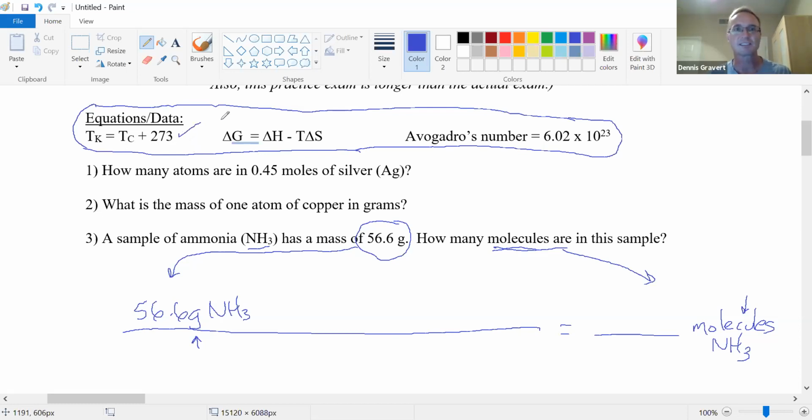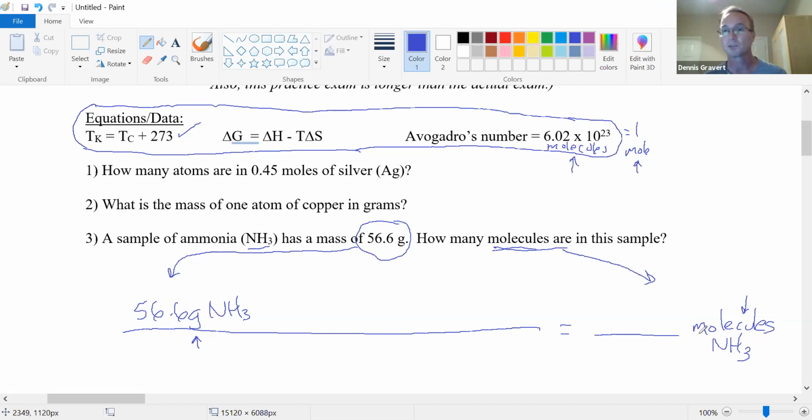You got converting Celsius to Kelvin. You got the free energy equation. You got Avogadro's number. What's this all about? Avogadro's number is the number of molecules in 1 mole. Ooh. So this number is a conversion factor that switches between molecules and mole.